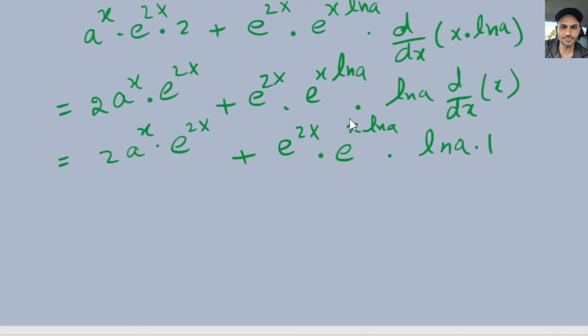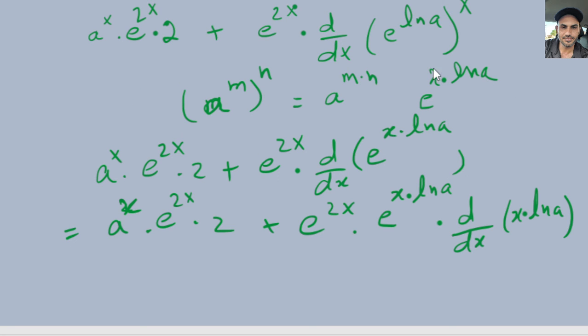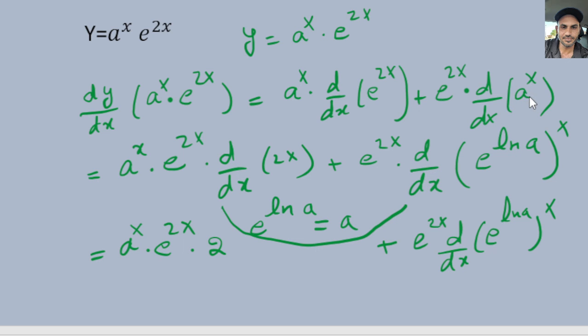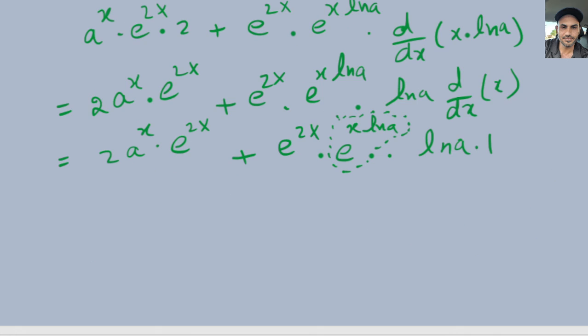Okay, now here, we know that this term is just equal to a to the x, e to the ln of a. So this thing is a to the x. So I'm going to go ahead and do that: e to the 2x plus e to the 2x times a to the x.